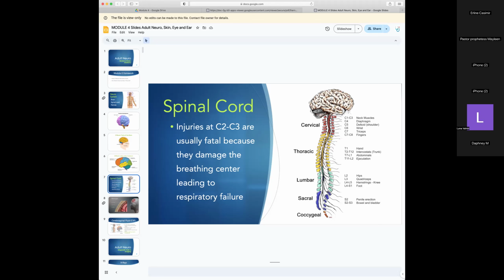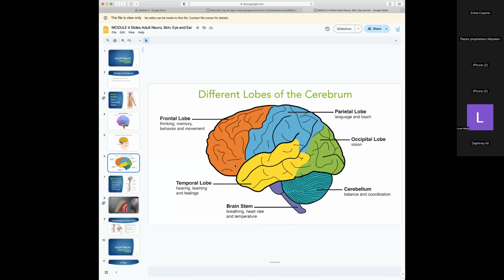An injury to the L spine, or an injury to the C spine? The C. Okay. Didn't we say earlier that the medulla oblongata and the pons are located in your brain stem?